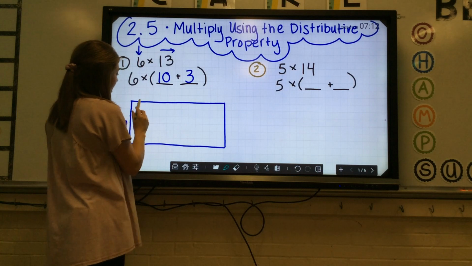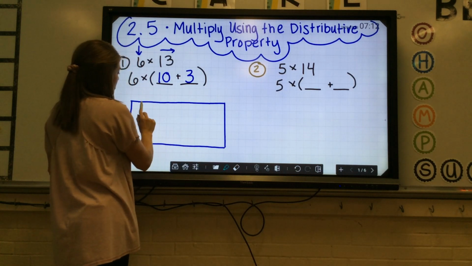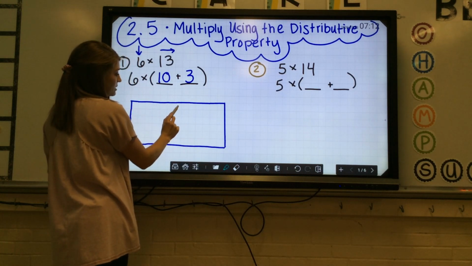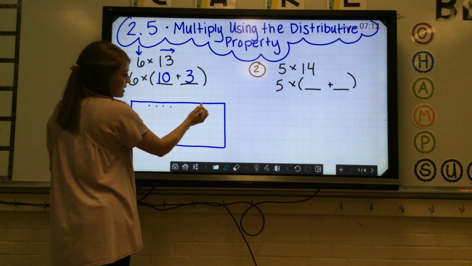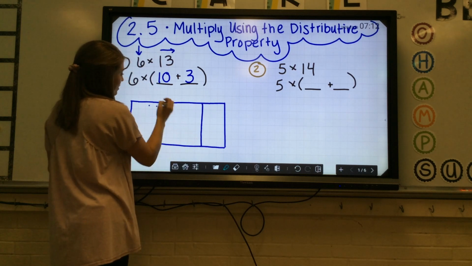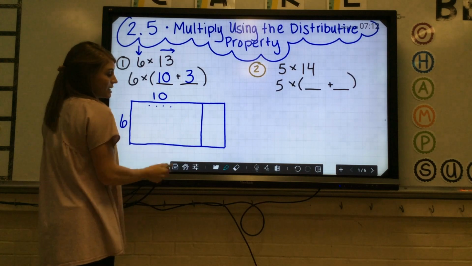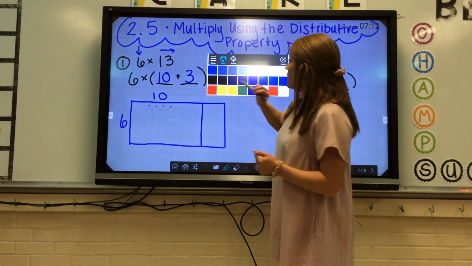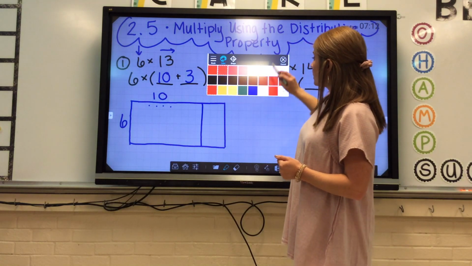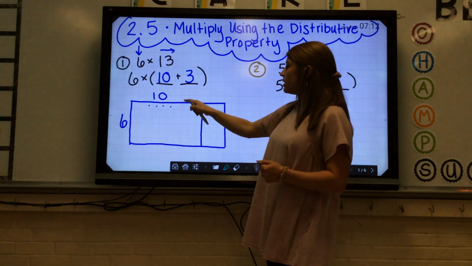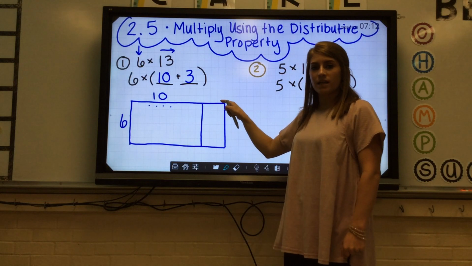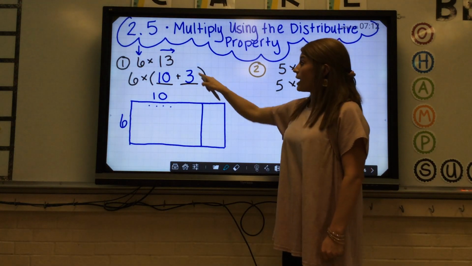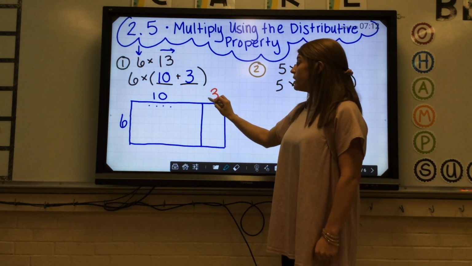So I'm going to count over: 1, 2, 3, 4, 5, 6, 7, 8, 9, 10. I'm going to draw a line right there and label that with a 10. Then I'm going to change my color and label this part. What's left? 10 plus what gives me 13? Right, this 3 right here.